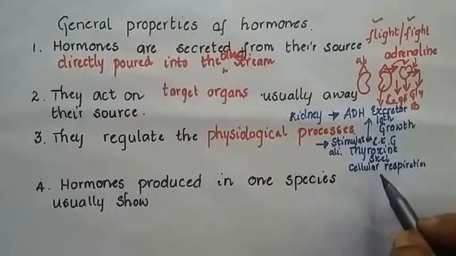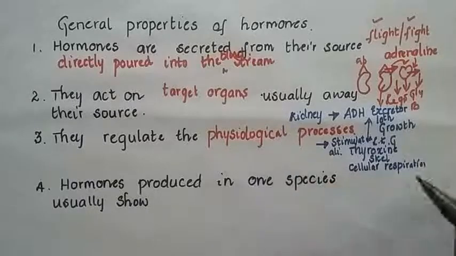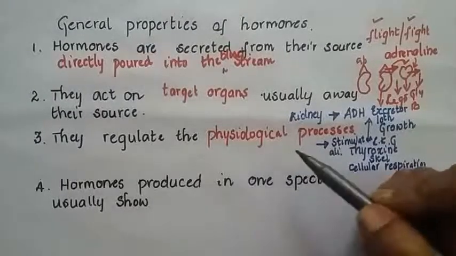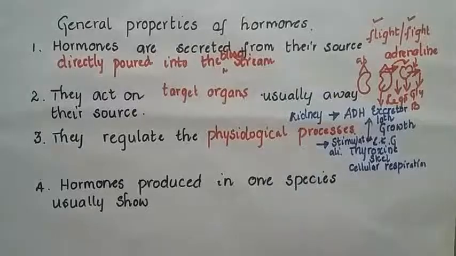So cellular respiration, which is one of the physiological processes, is also controlled by hormones. In general, hormones help in regulating physiological processes like our excretion, digestion, growth, respiration and so on, which you are going to study in detail in the later part of the lesson.